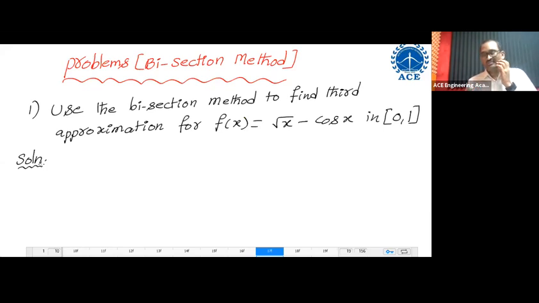Remember, a means 0, b means 1. f of a and f of b must have opposite signs.